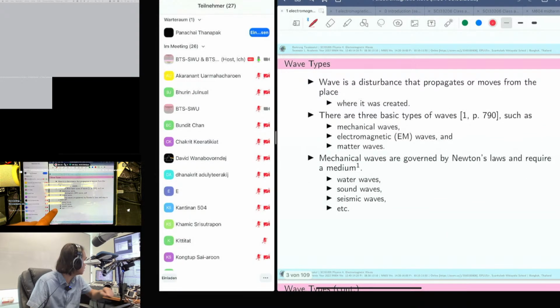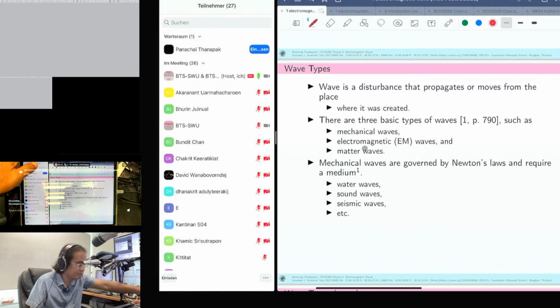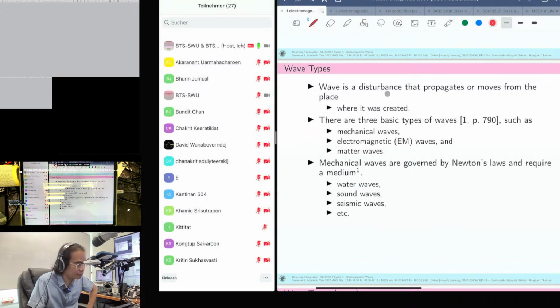Wave types. How many types of the wave do we have in nature? The physicists or scientists divide them into 3 different categories.